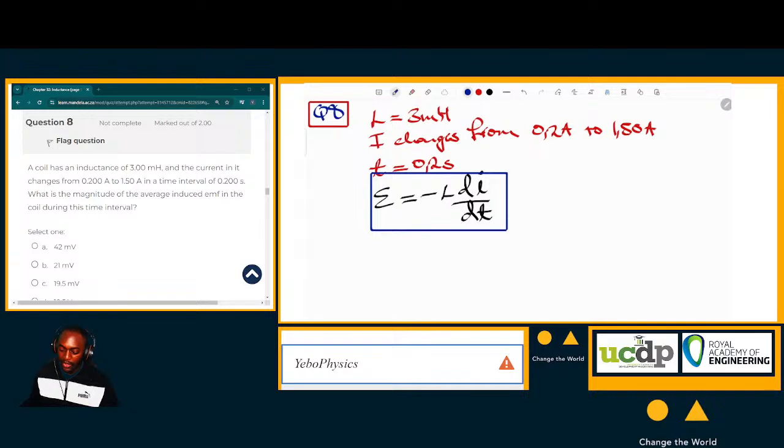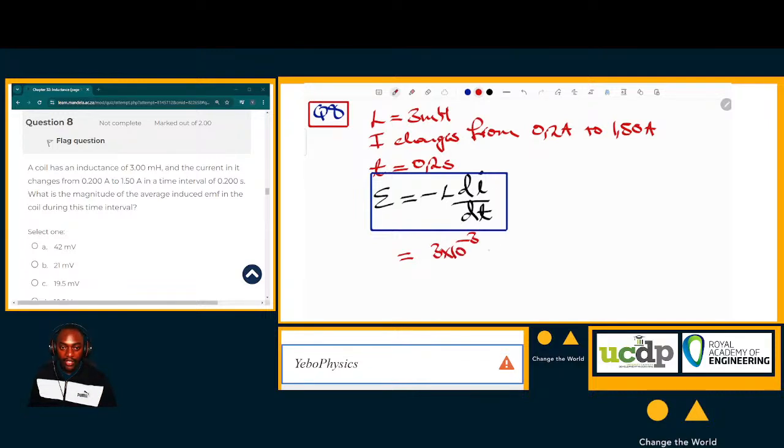And from what we have here, clearly we have every quantity that we need in order to substitute and calculate there. Since we're being asked for the average magnitude, we're not worried about the negative there. The inductance 3 times 10 to the negative 3.